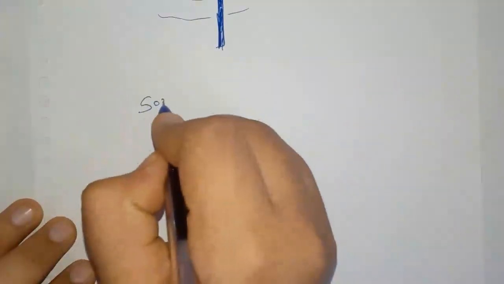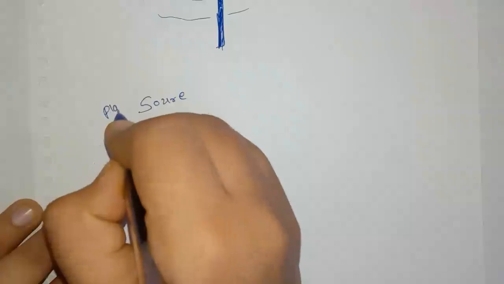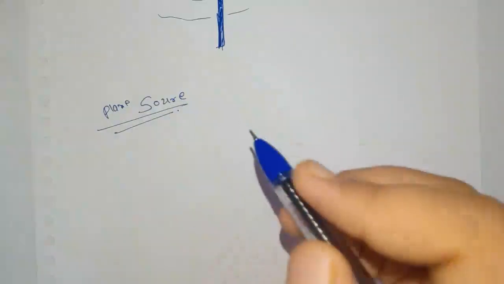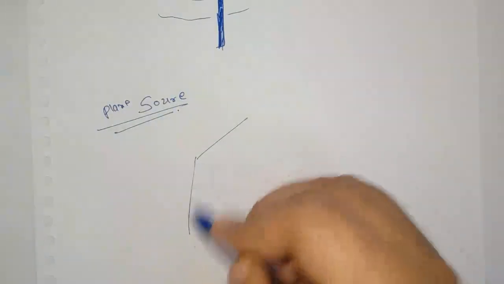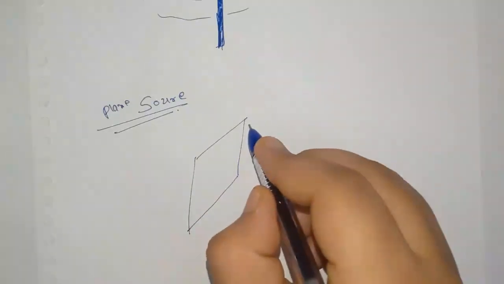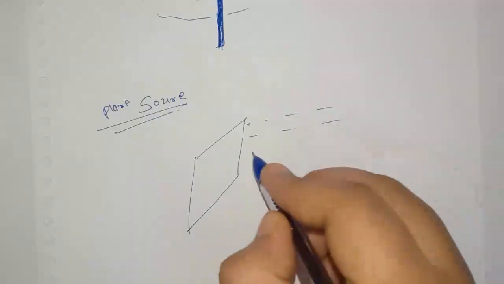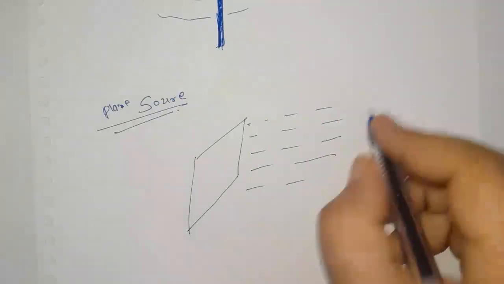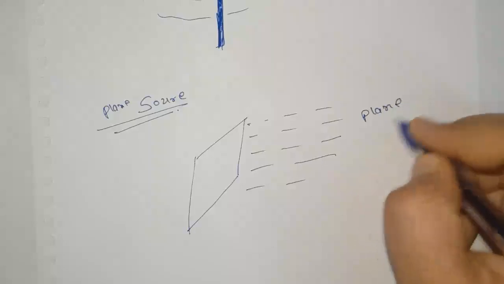And if the source is a plane, then the waves would be plane progressive waves.